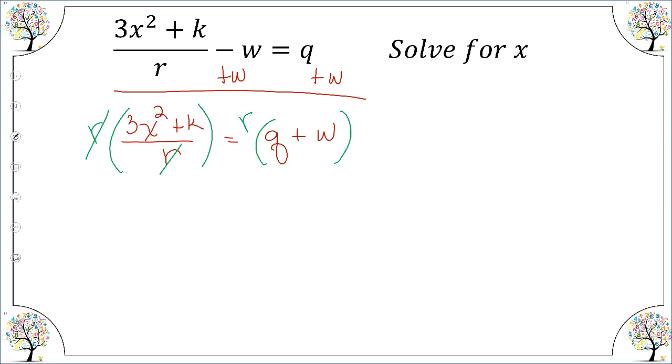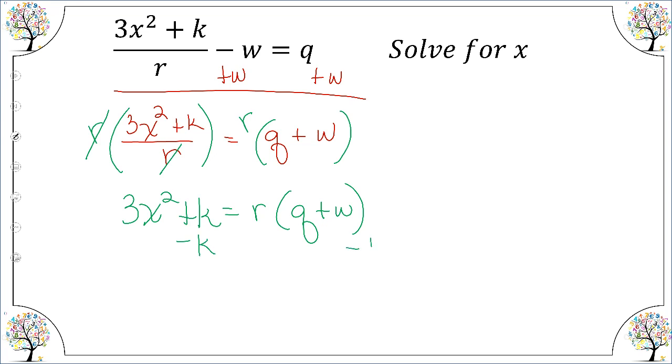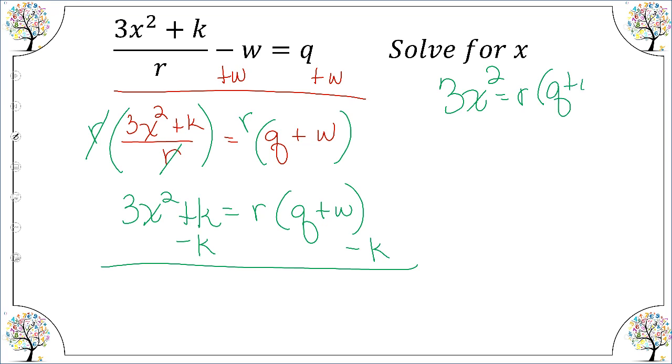We have addition right there. Do not distribute. Just leave it just like that. Let's subtract k. It comes at the end. We have 3x squared equals r times q plus w, minus k.